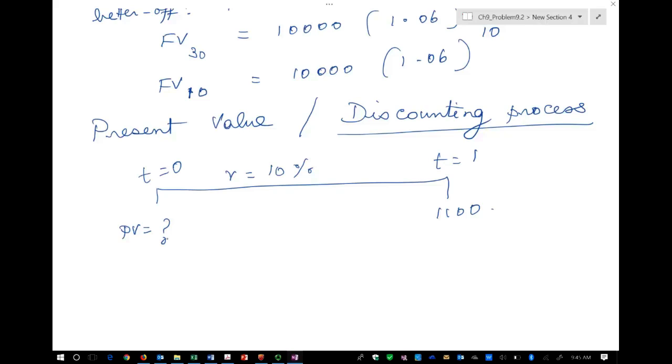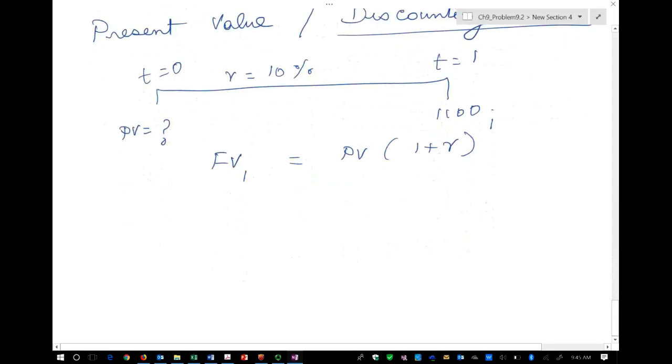I know the future value at the end of period 1 is present value multiplied by (1 + r) raised to the power 1. Now I rearrange the formula: present value is equal to the future value at the end of period 1 divided by (1 + r) raised to the power 1. That is all.